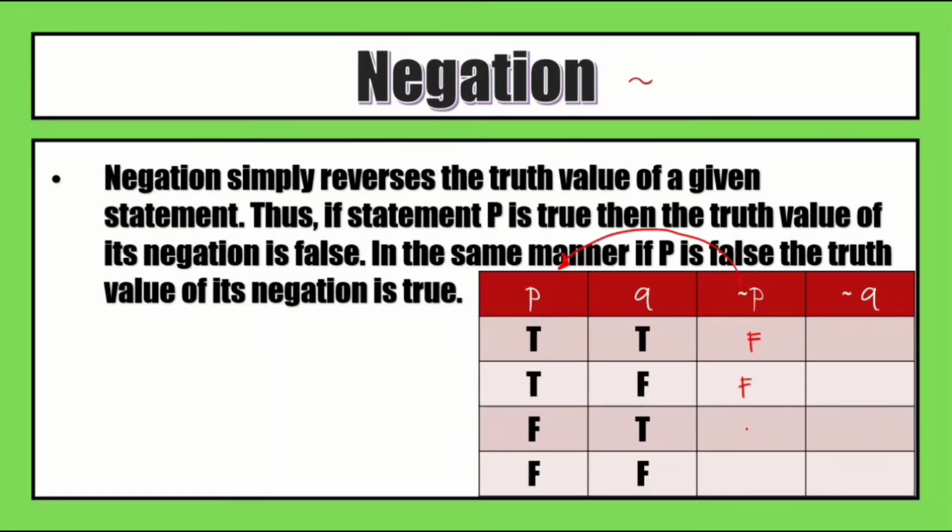False and false, we have true, true. Okay, we have the negation of Q. Syempre, titingin tayo kay Q. Therefore, we have true, it will become false. False, it will become true. True, it will become false. False, it will become true. So, that's it. So, negation na siya. So, meron na tayong truth table.